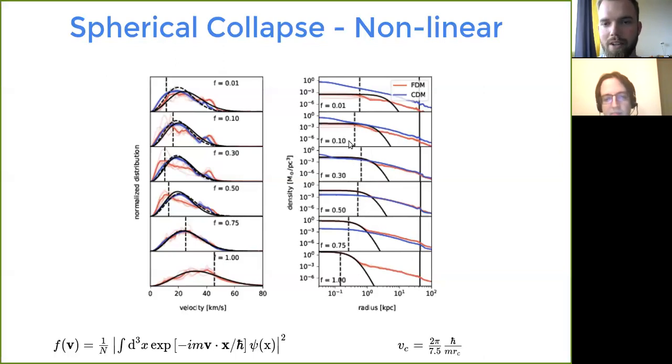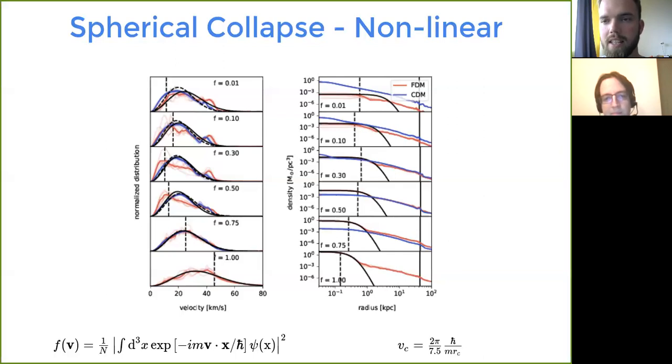So as soon as we have 10% or less fuzzy dark matter, then the cold dark matter dynamics are so dominant that fuzzy dark matter cannot build a ground state solution. I mean, that's only roughly, but around 10%. So if you assume less than 10% fuzzy dark matter, then you can probably not assume that there's a soliton in the center anymore, or at least it fluctuates a lot.